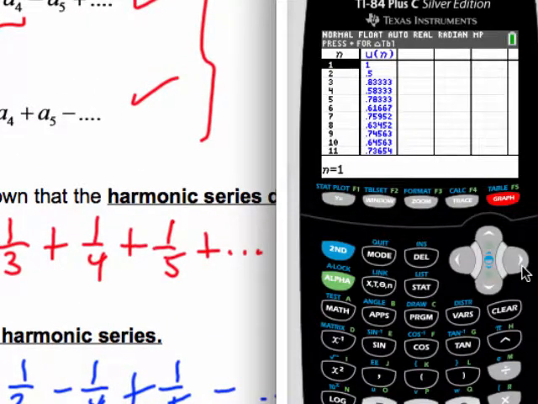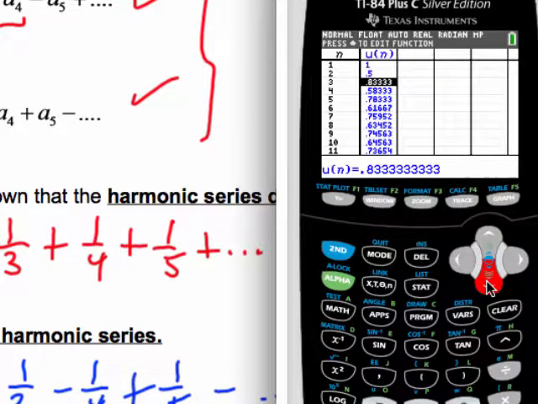If I again look at my sequence of partial sums, the first two terms add to a half, the first three terms add to 0.83 repeating, etc. And if I continue to scroll down, it looks as though the sequence is narrowing in on some number. In other words, it looks like this sequence is converging.